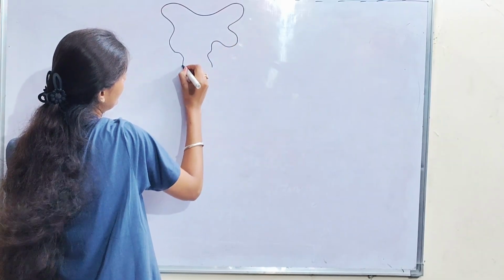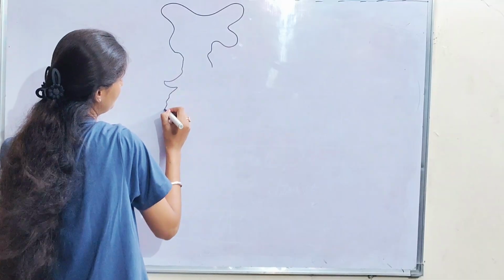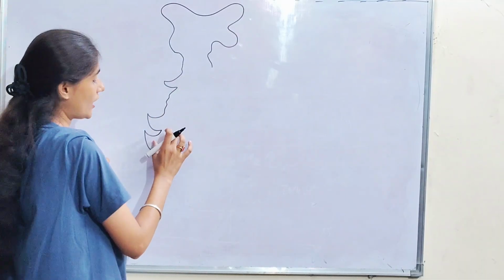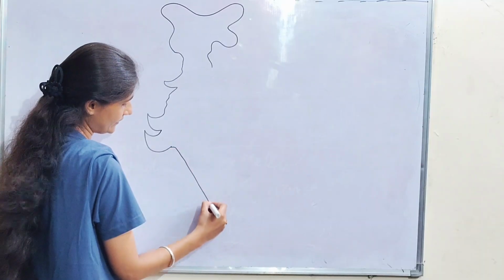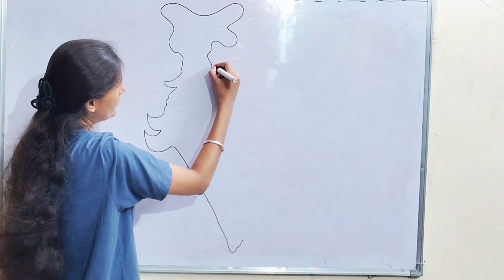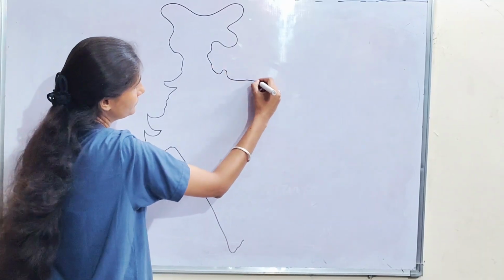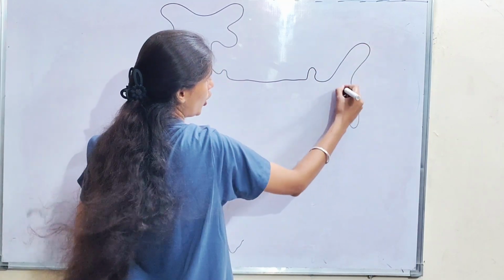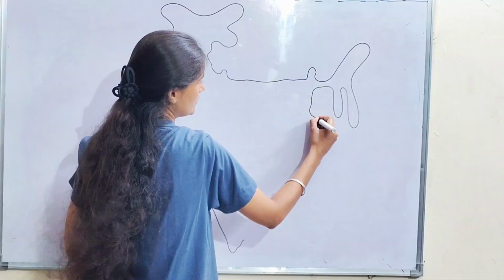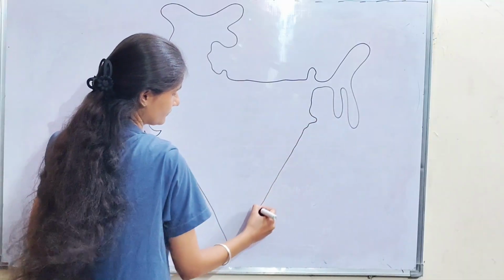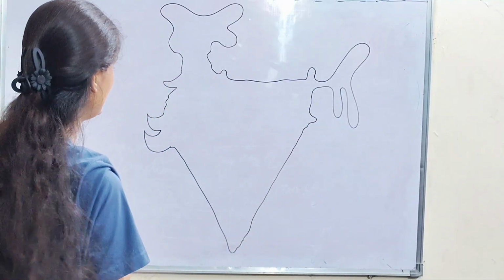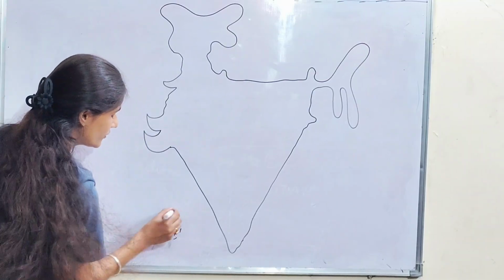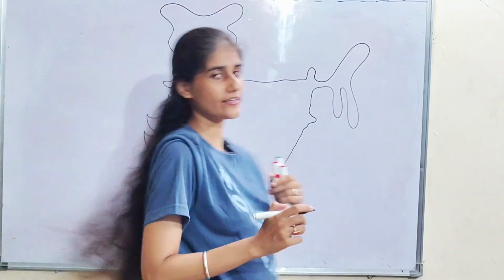Something like this. Rann of Kutch, Kathiawar, then this peninsular plateau, Sikkim, northeast, and then this. Yes, it looks good. Next we have our islands here.